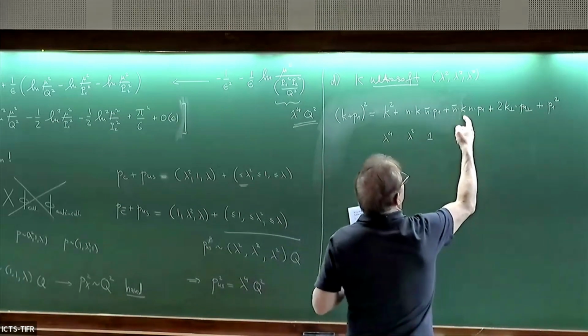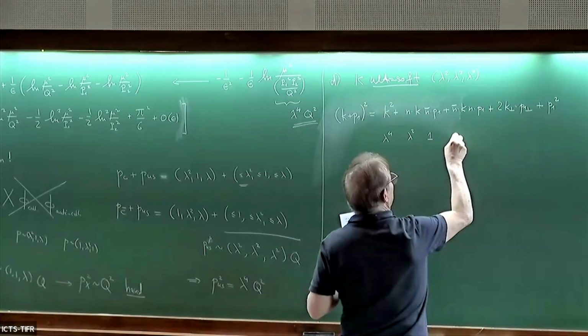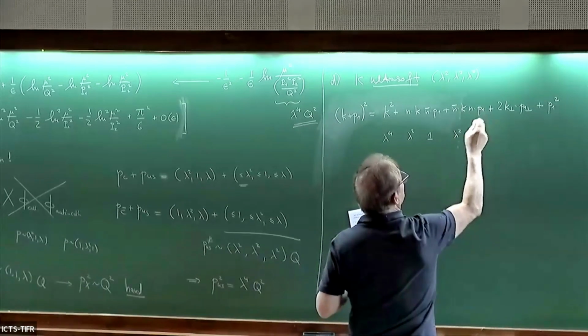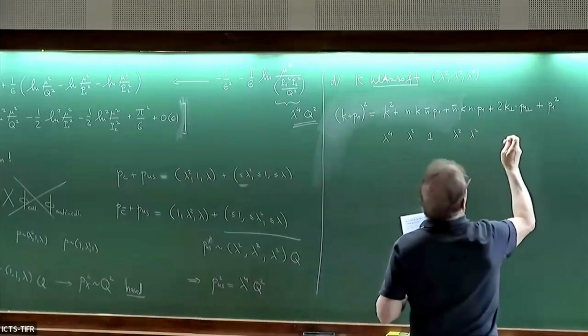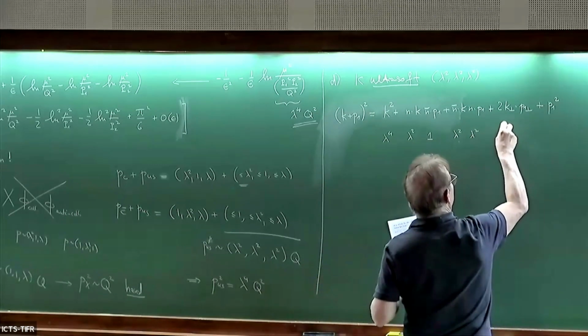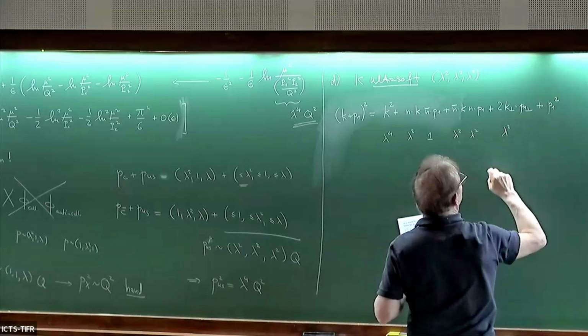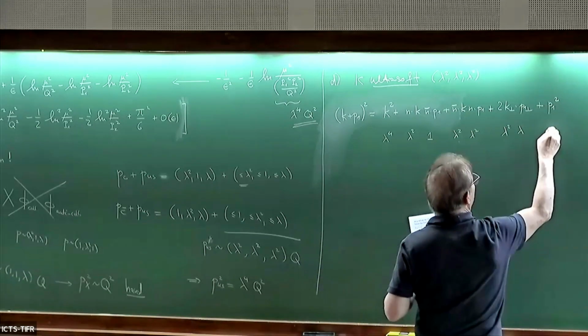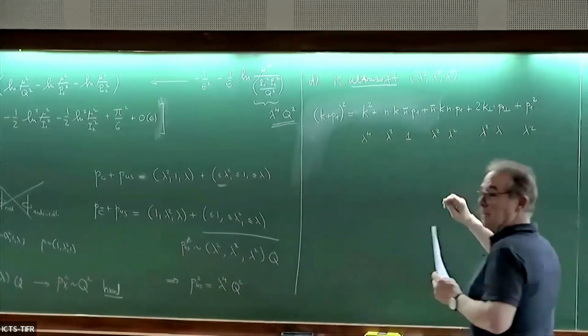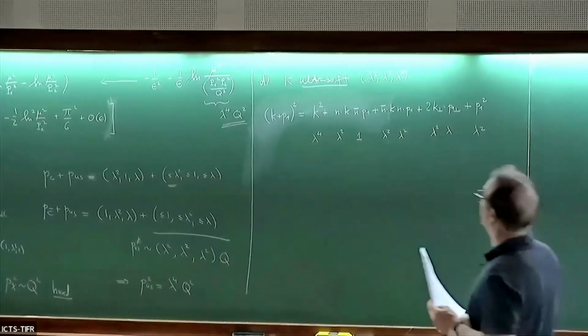N bar dot K, lambda squared. N dot P1, lambda squared, excellent. K perp, lambda squared. P1 perp, lambda, and P1 squared, lambda squared. Wonderful. You learned something very fast.